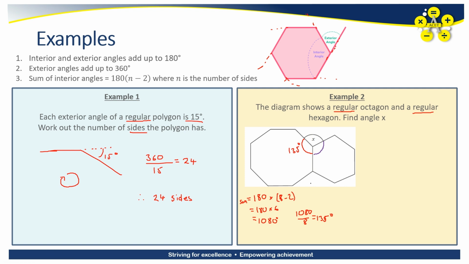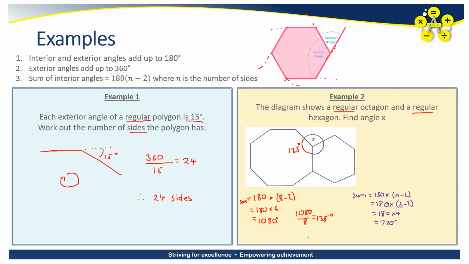I'm going to repeat the process with the hexagon. So I know the sum of the hexagon is going to be 180 degrees multiplied by n minus 2, that formula that we can see up here, number 3. Now 180 degrees multiplied by 6 minus 2 is the same as 180 degrees multiplied by 4, which gives me an answer of 720.